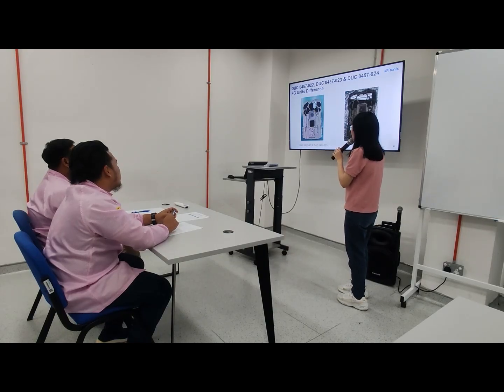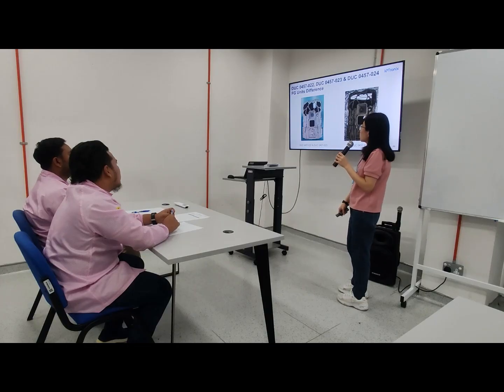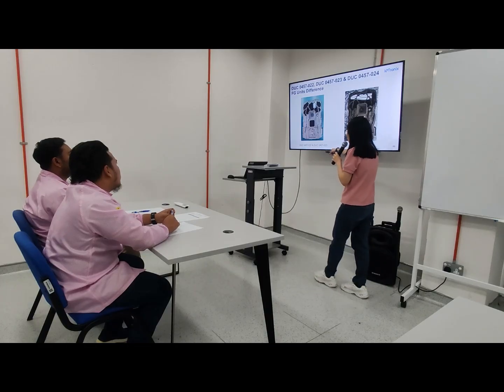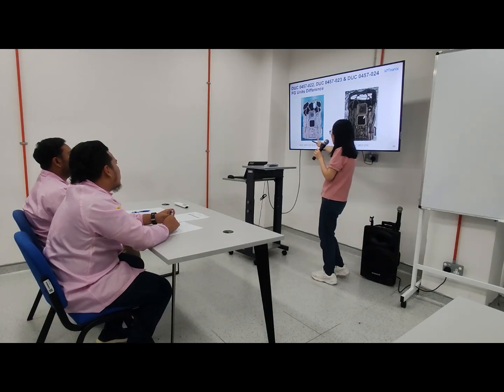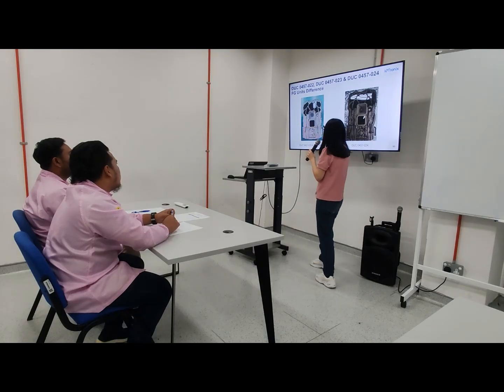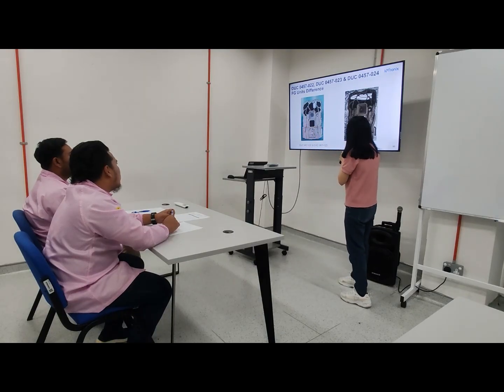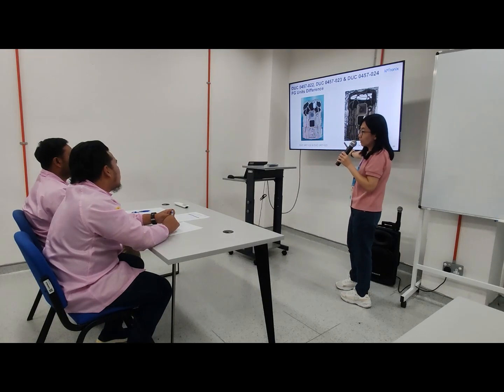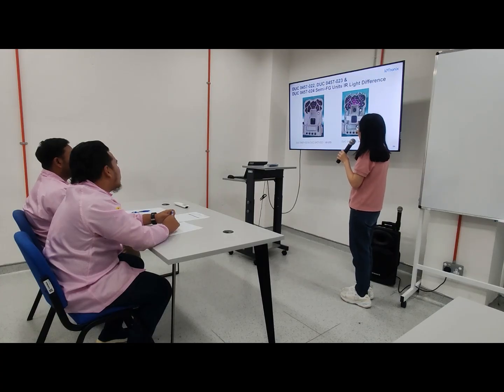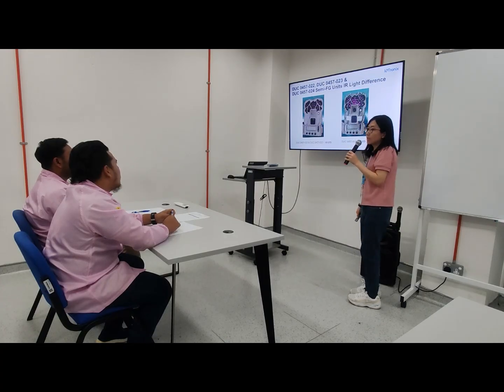Okay, next is about the FG unit differences. This one is 022 and 023 without any painting. But this one, 024, the color is darker. Okay? Next is about the LED light.